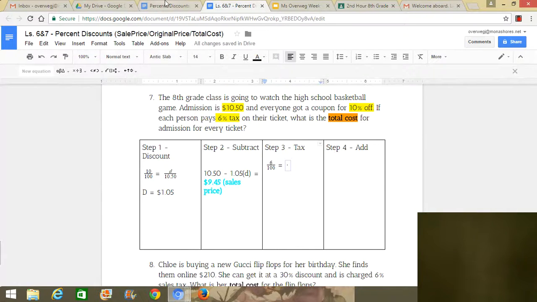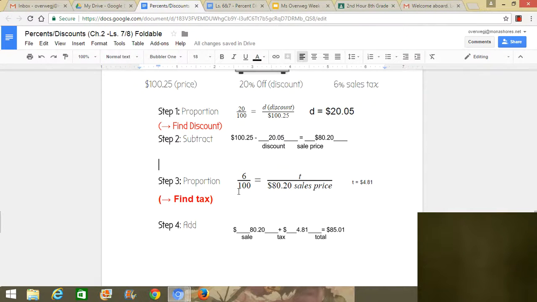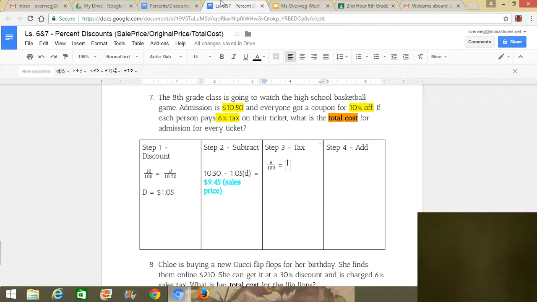And if we look back at our foldable, the other part of the fraction is the little t for tax over the cost of the sales price. Now, when I look at your foldables, I don't want to see $10.50 because that was the original price. We're done with that. We need to do the sales price, okay?